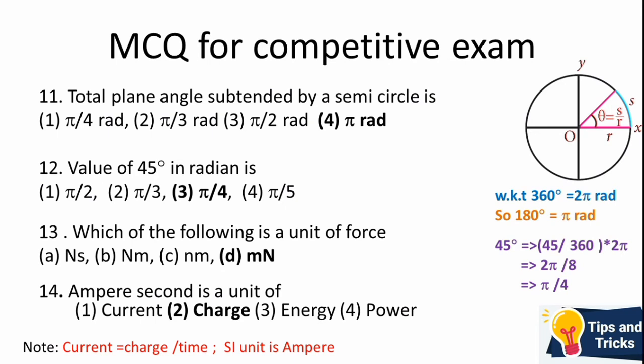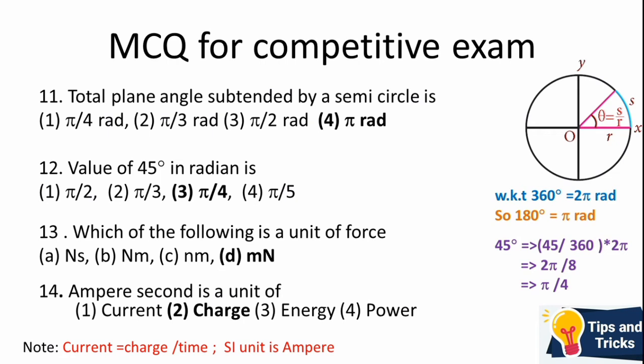So option A is NS, which is Newton second, but it is not the unit of force. Option B, N is in caps, but m is in small letter. So Newton meter, it is also not the unit of force.